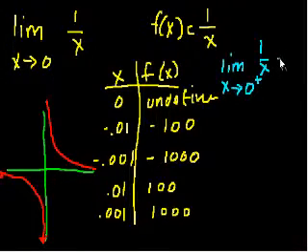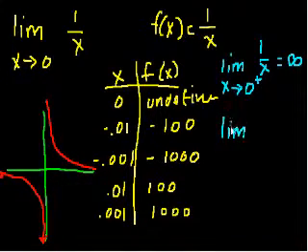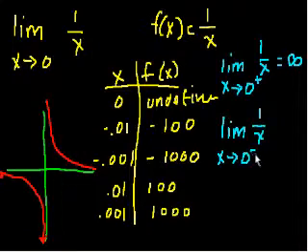Well, this is equal to infinity. And then the limit as x approaches 0 from the negative side of 1 over x. This notation just says the limit as I approach from the negative side. So as I approach x equals 0 from this direction, what happens? Well, that is equal to minus infinity.